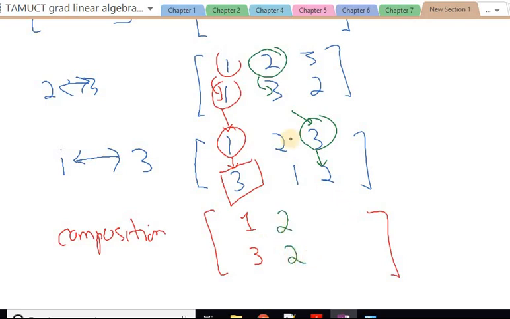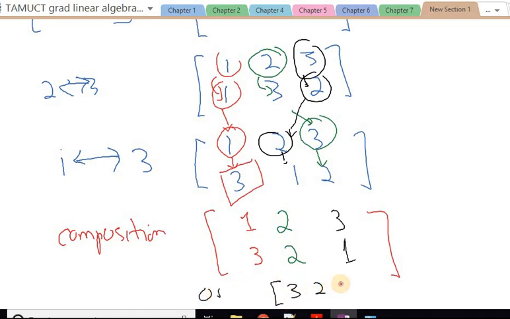All right, now 3 had better end up going to 1, but let's verify it. 3 goes to 2. And then to find where 2 goes, I go here. 2 goes to 1, so 3 in fact goes to 1. All right, so the result is 3, 2, 1. So you see how I've gotten this other permutation from two swaps.